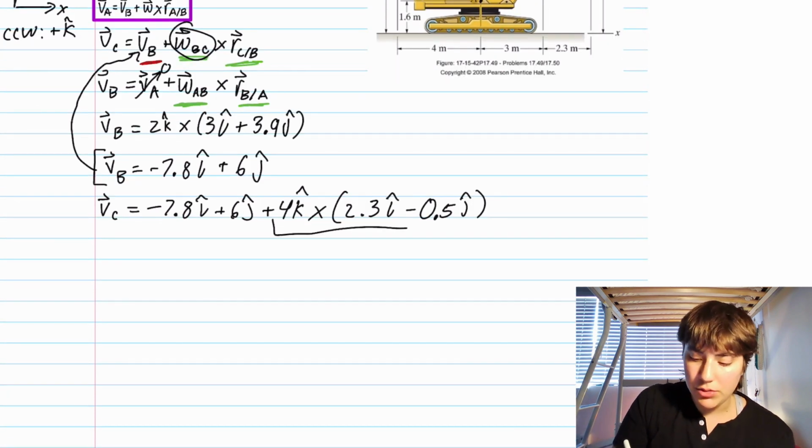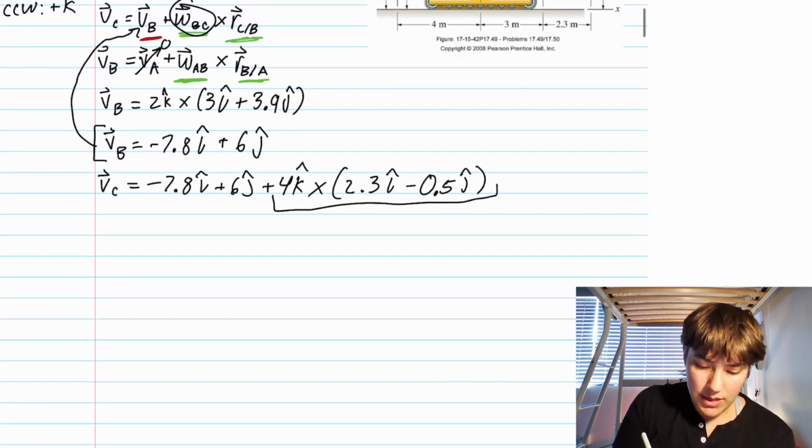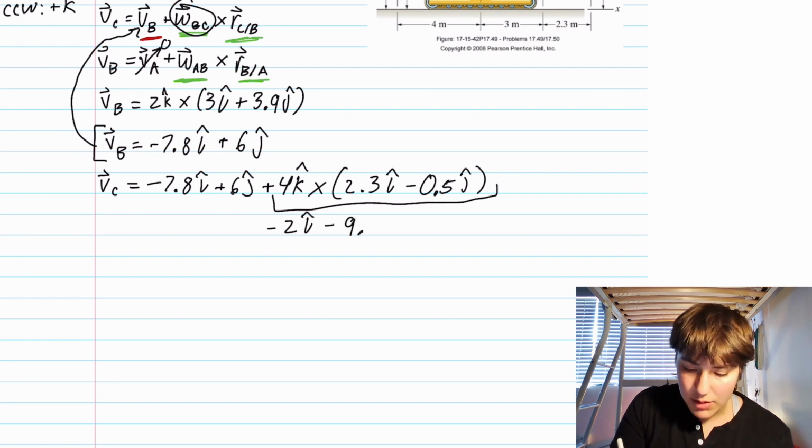Now we need to do this cross product, and that would give us negative 2 i hat minus 9.2 j hat, and then we need to bring these over.